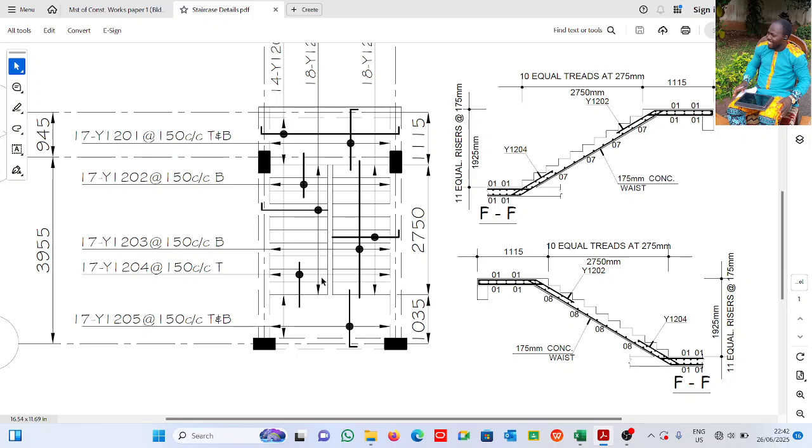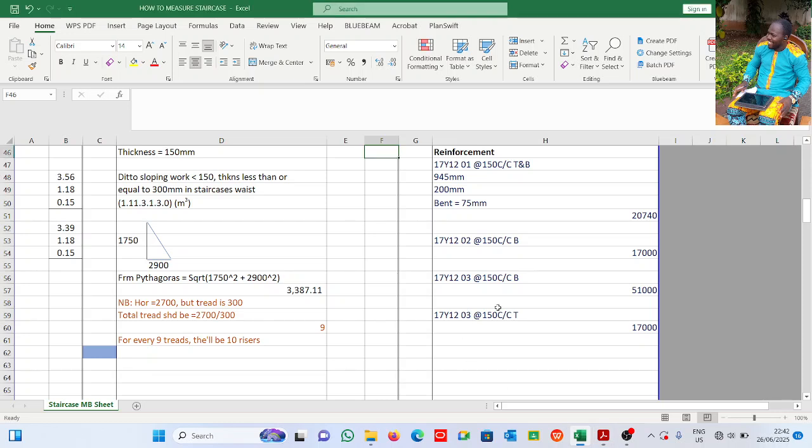And if I want to find the dimension, if it is not stated categorically, if you have the drawing on a sheet, you scale it, or you use Plan Swift or Bluebeam to arrive at the actual length. Of course, you should know how to use Plan Swift and Bluebeam as a quantity surveyor. So that is how all these reinforcements were obtained.